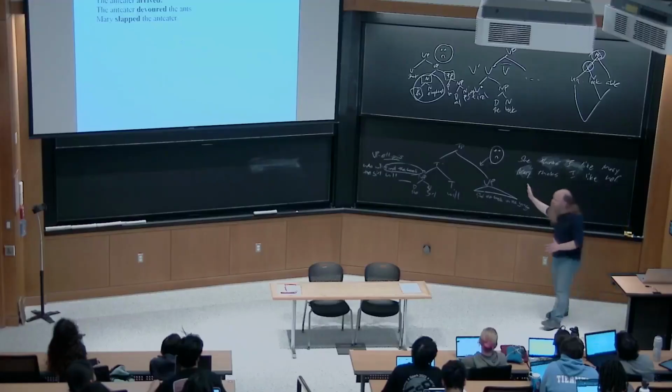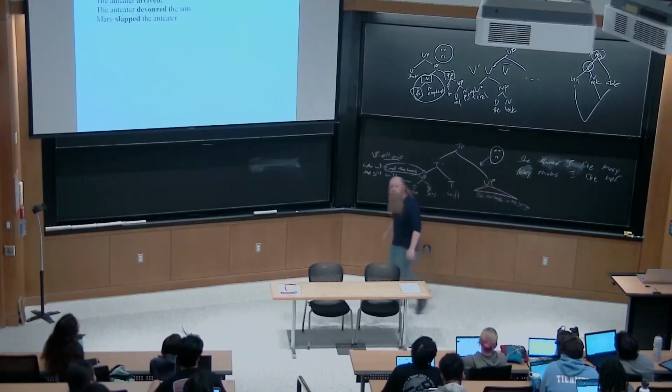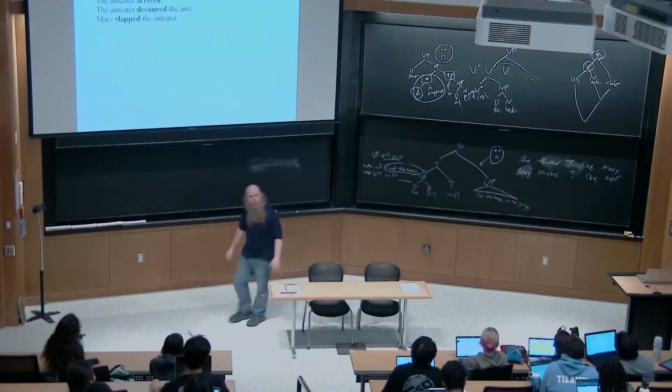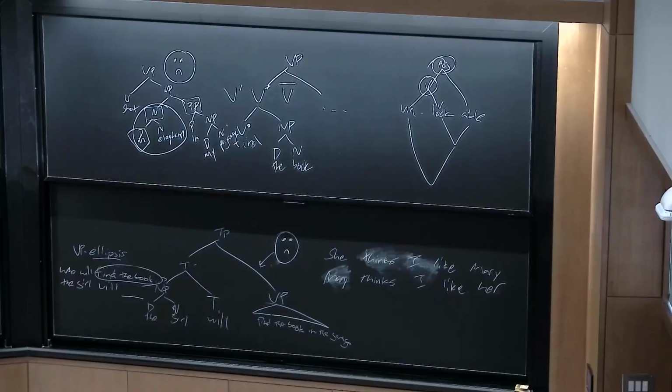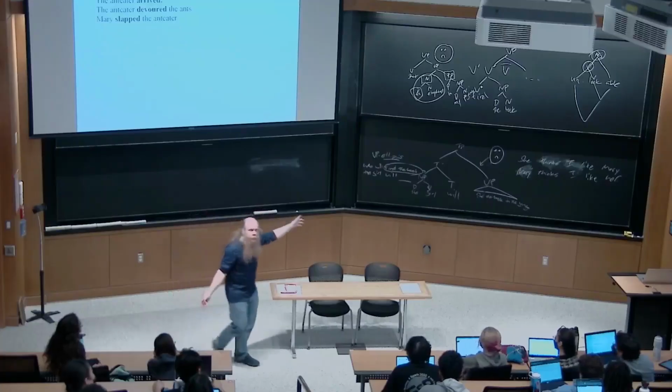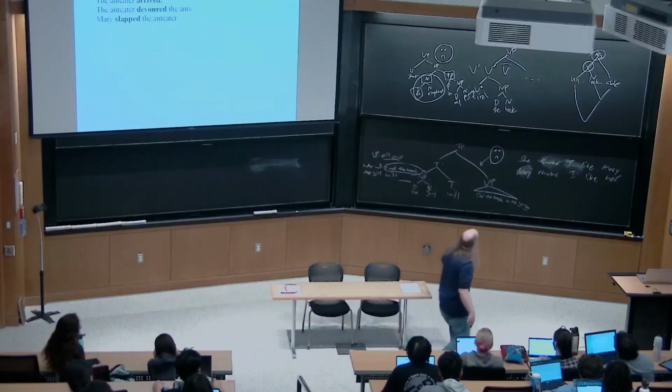These are two grammatical sentences in English. In the second sentence, we've got Mary, and we've also got her. Can her refer to Mary? Could also be somebody else, right? But it could be Mary.